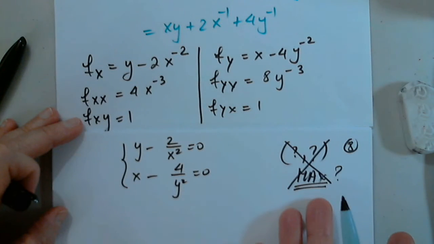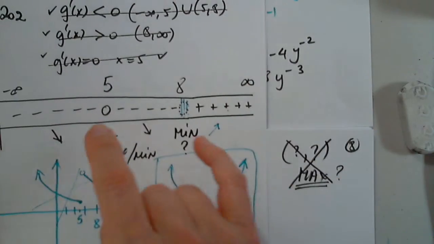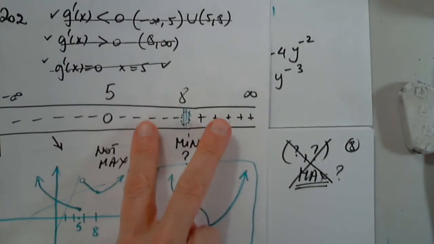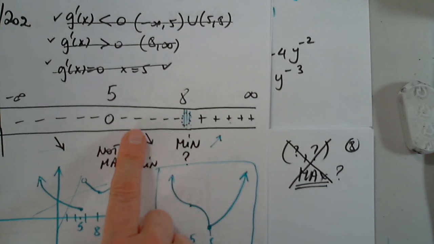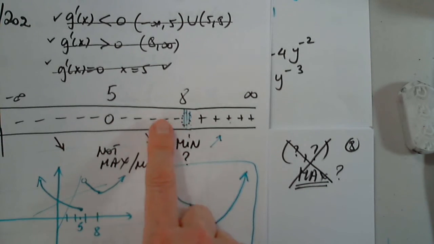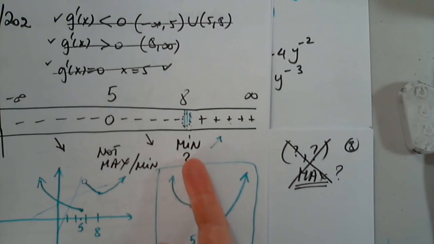This is, where does this come from, right? Remember when we had a few minutes ago, let me say this. This is a similar test like here. I know that this is a max or a min, right? When the derivative changes sign this way, it's a min. If it changes sign this way, it's a max.